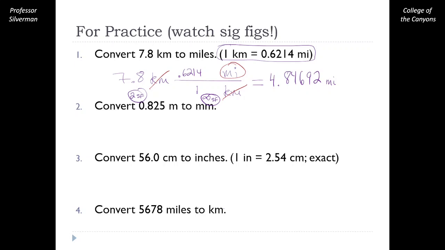Our conversion factor, most conversion factors are known with infinite precision or unlimited sig figs. So the fewest between 2 and unlimited is going to be just 2. And so here we go, 4.8 miles is going to be the same as 7.8 kilometers.